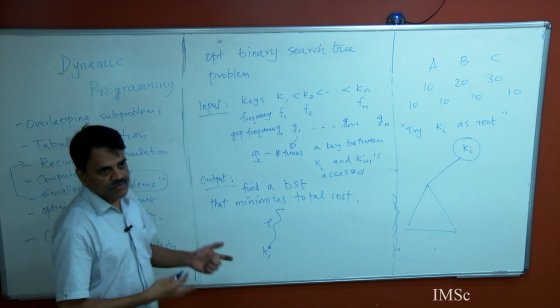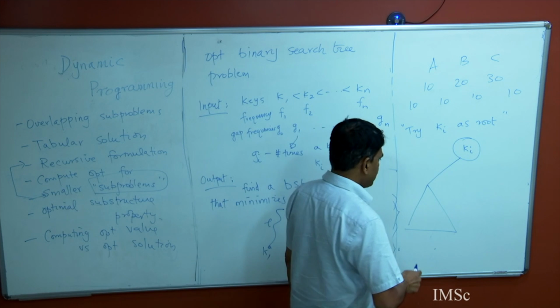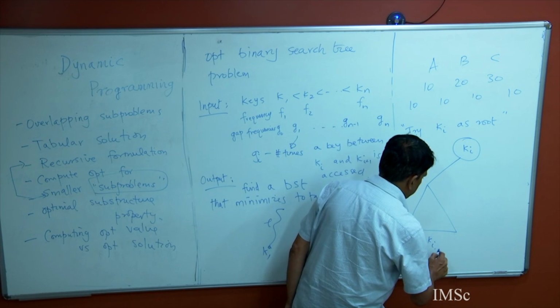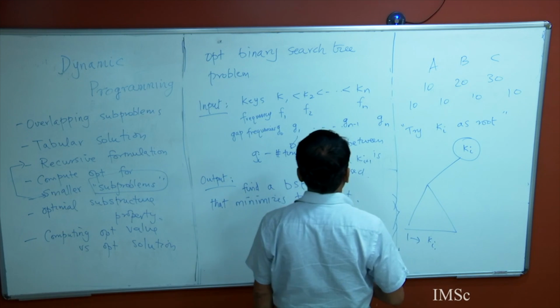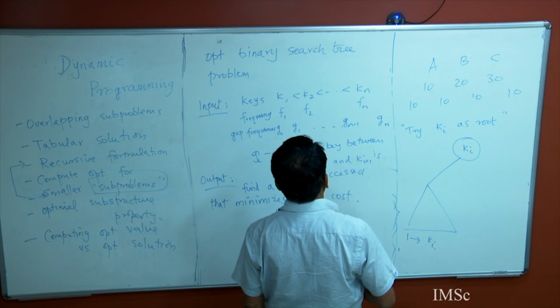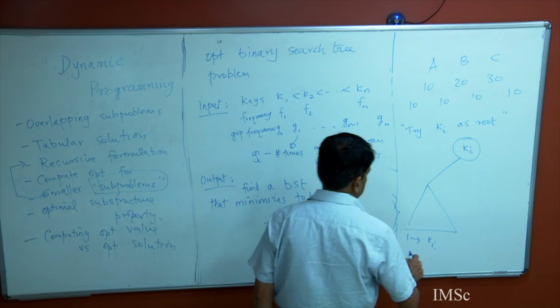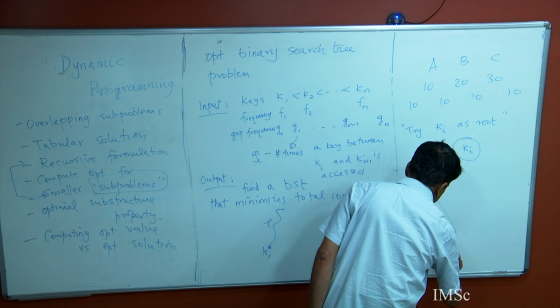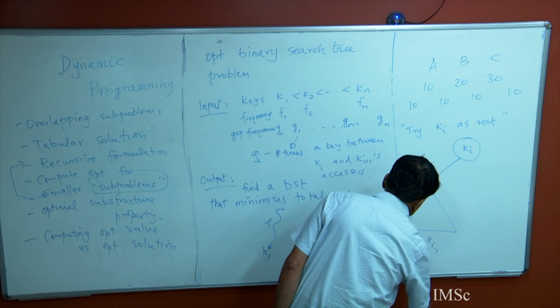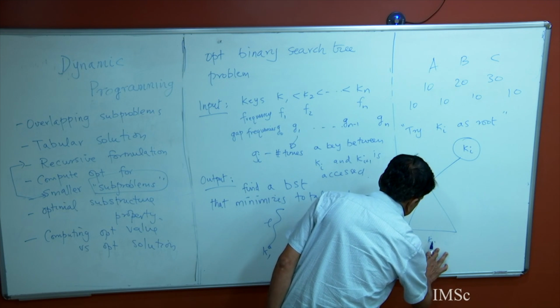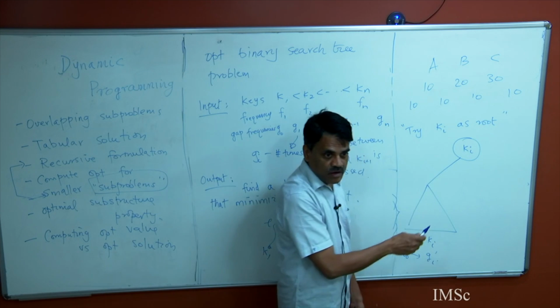It is an optimum binary search tree on the keys 1 to i minus 1 and also the gaps G0 to G(i minus 1), right, so this whole thing.